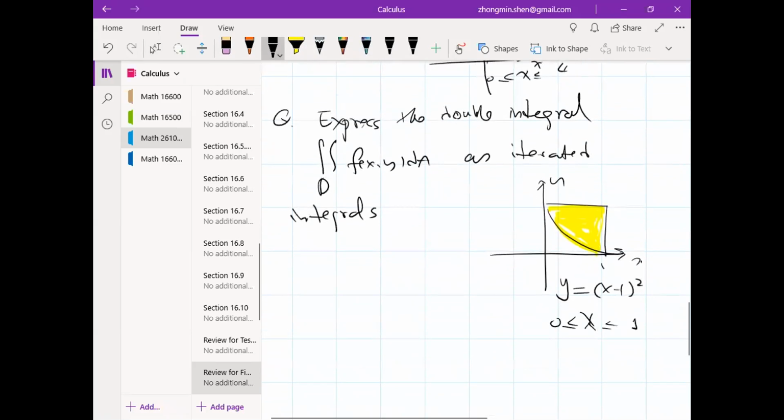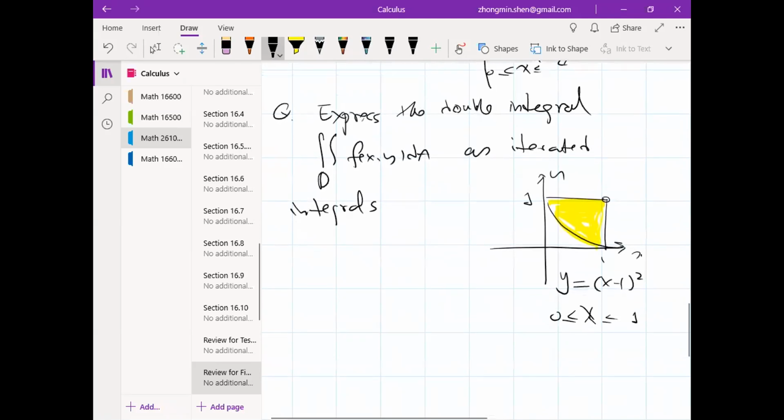So the region clearly is this. This is the region I described already. The curve is given by this equation, y equals (x minus 1) squared. Now, can you express this double integral as iterated integrals in 2 different ways?